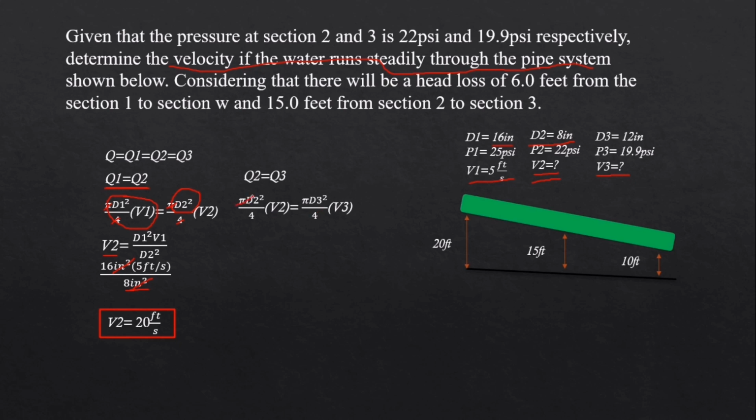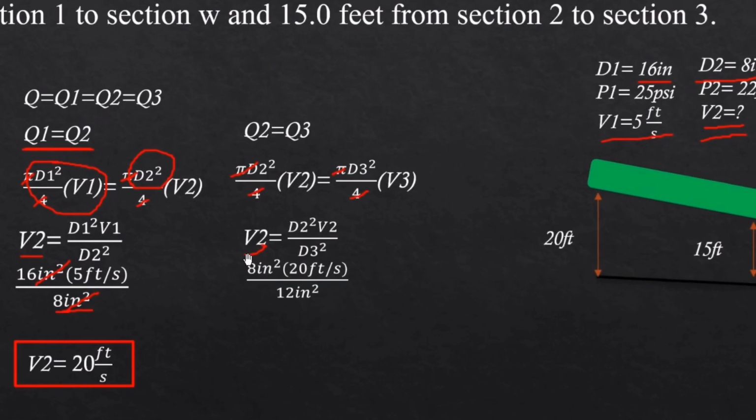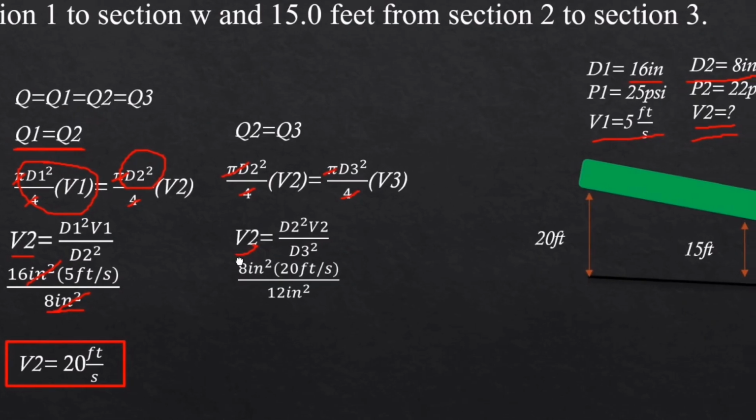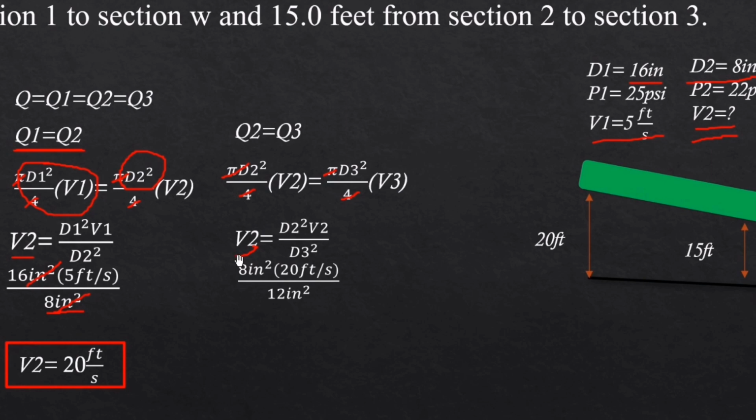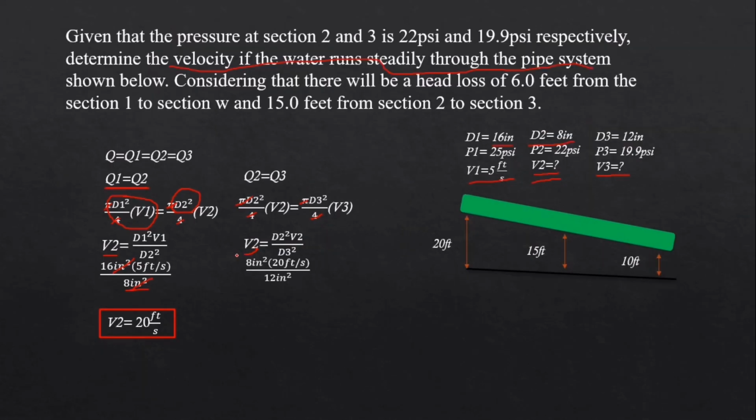So we could cancel this out so that we could find the value for the velocity in section 3. So V3 is equal to D2 squared times V2 over D3 squared.